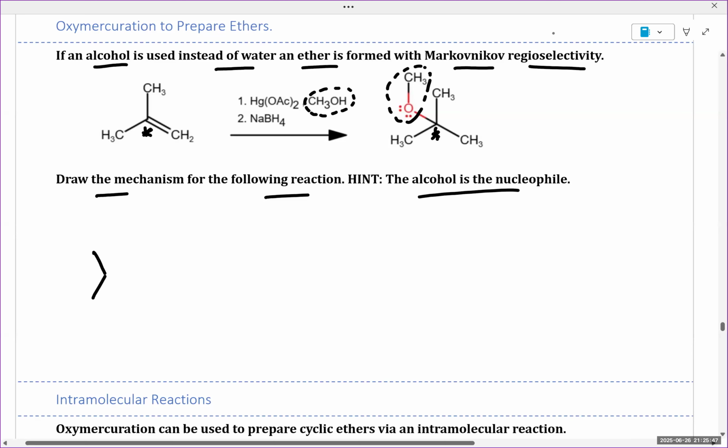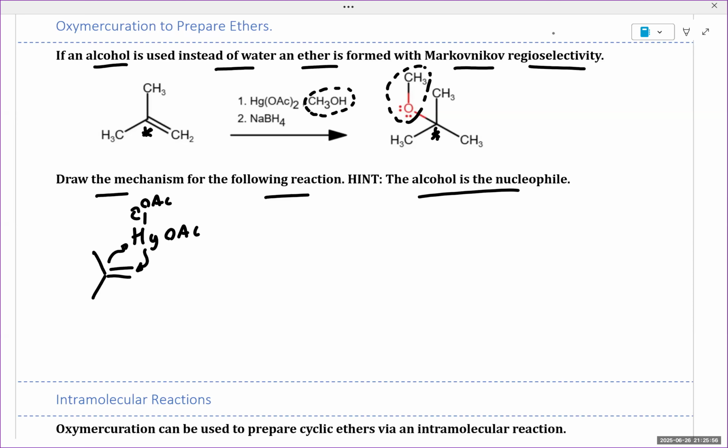So not much has changed, really. The first step is still exactly the same. We form our mercurinium ion. And from here, this time our nucleophile is methanol. It's going to open up the mercurinium ion.